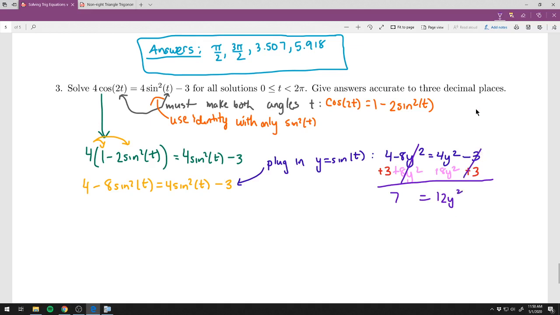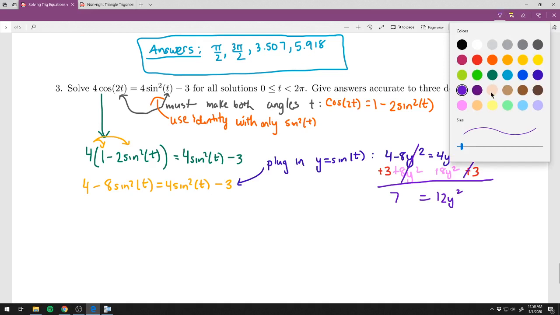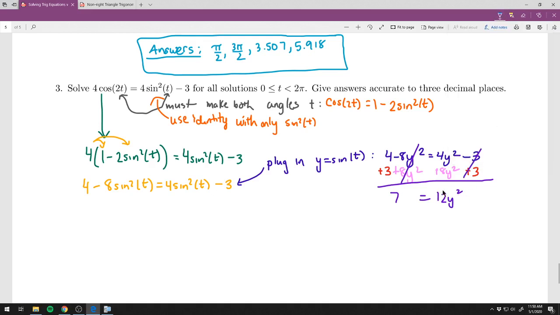And the 3's go away. All right, and then, think about if you wanted to solve for y here. We could divide by 12 on each side. So we get y squared equals 7 over 12.